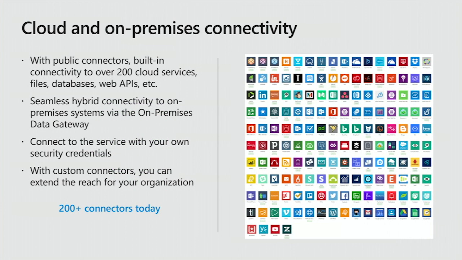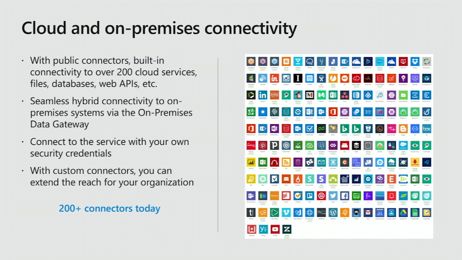Of course, you know that there are more than 2,000 cloud service connectors that you can use on the Power Platform. These are connectors that are available and you can use in Flow and in Power Apps, in the cloud or on-prem if you have data gateways, and things like that.